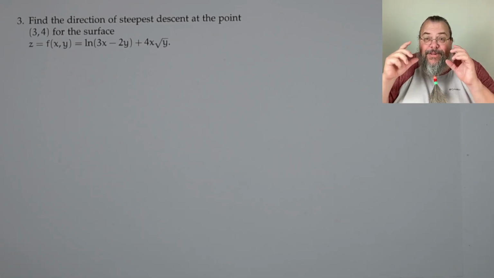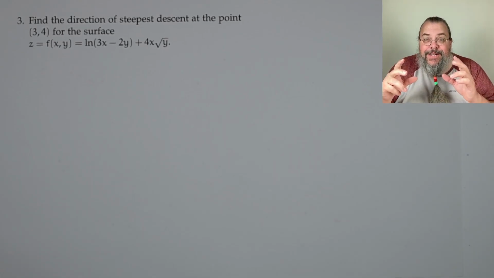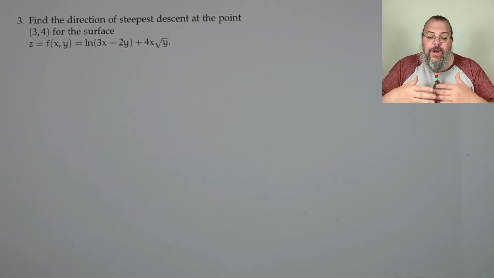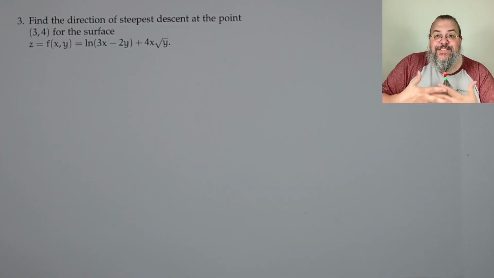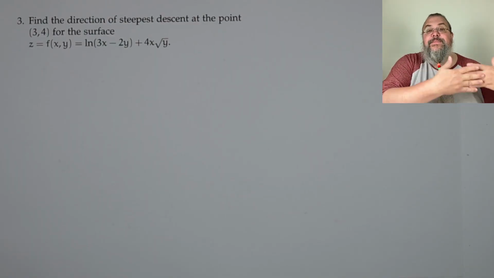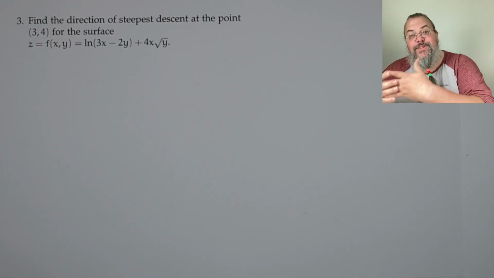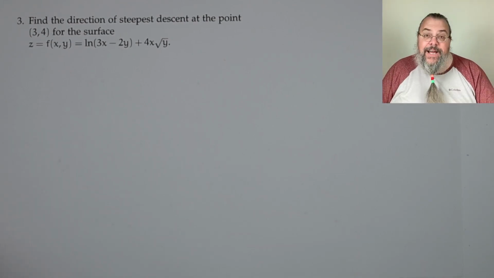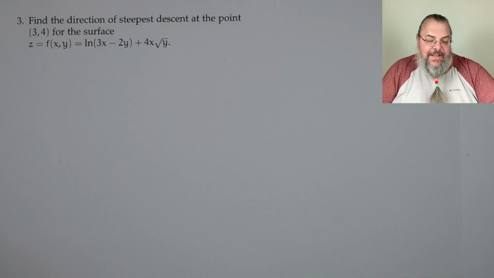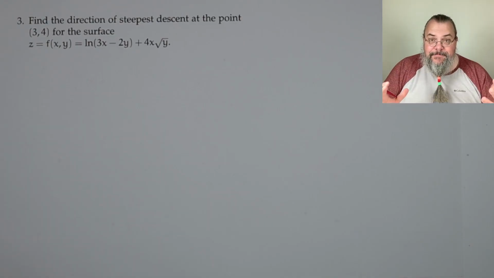Now, there was a key word in what was just said: rate. So when we're talking about finding the direction of steepest descent, it has to do with rates, which means derivatives. So this is a problem about directional derivatives. And so that's where we're starting.